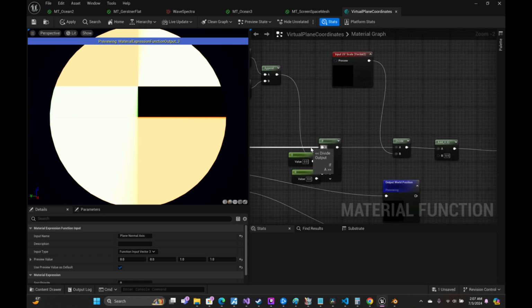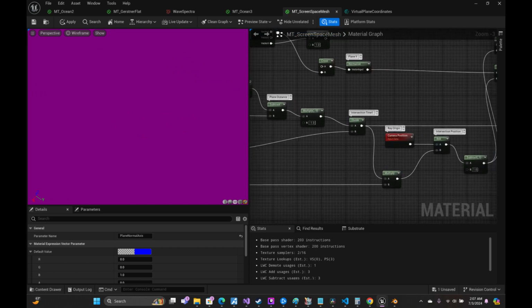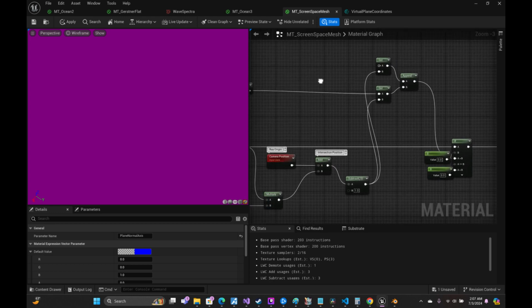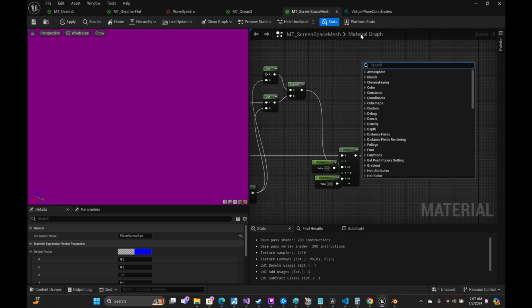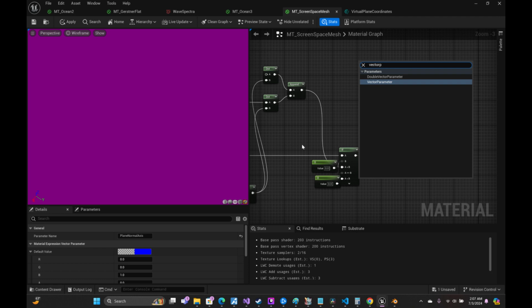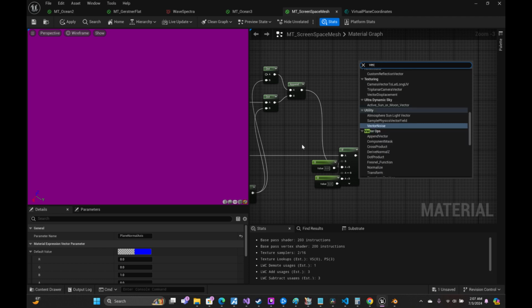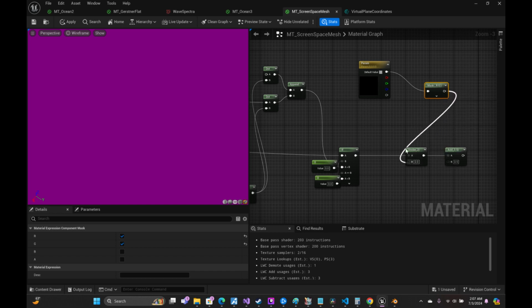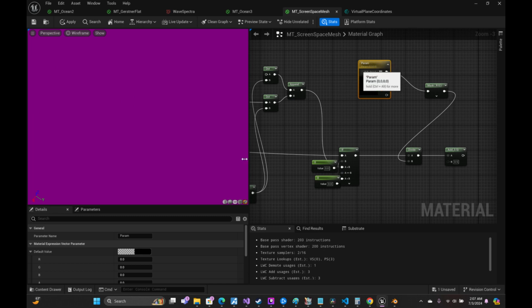UV scale. UV scale. I understand that I'm probably gonna have to delete this, but I just want to reconstruct the whole function before I continue.